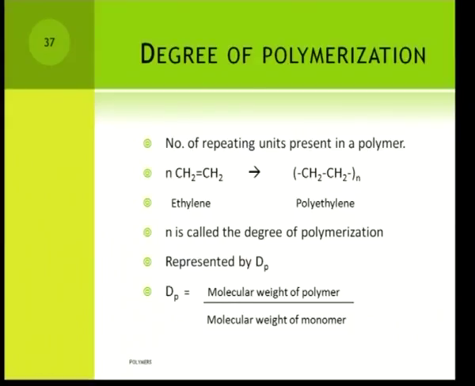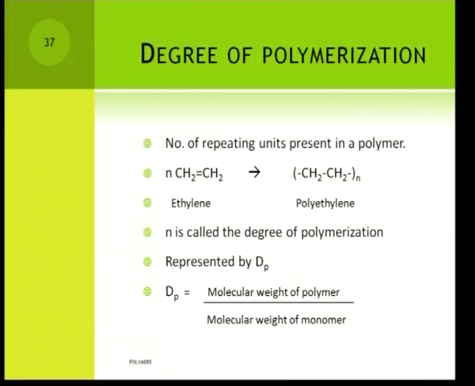Now, the degree of polymerization of this polymer is n, that is the total number of repeating units present in your molecule. n is called the degree of polymerization and is generally represented by d suffix p, DP. And in formula, how do we represent this DP?